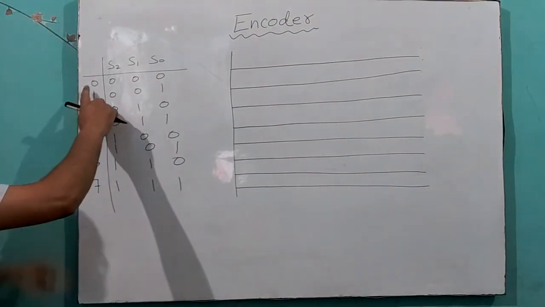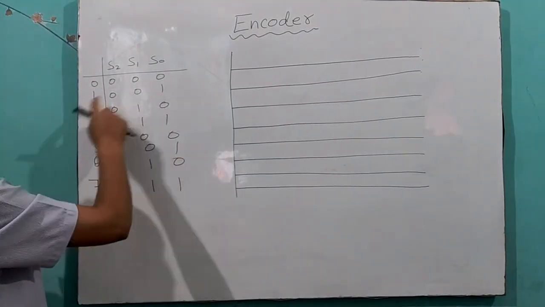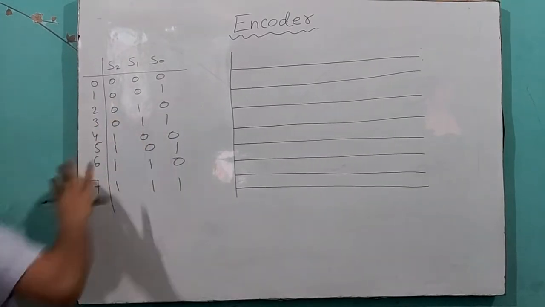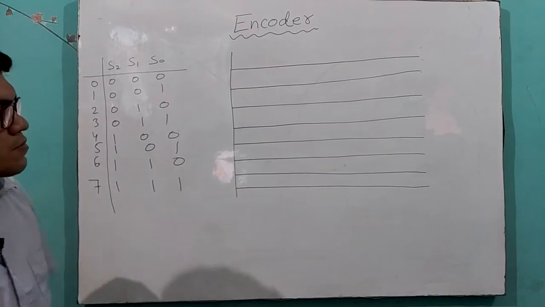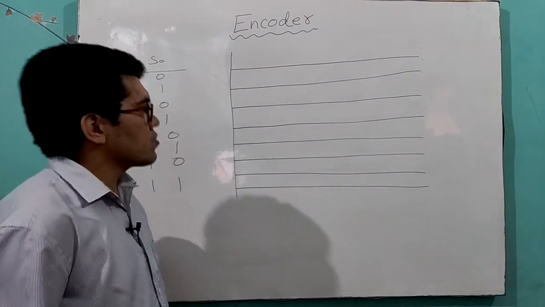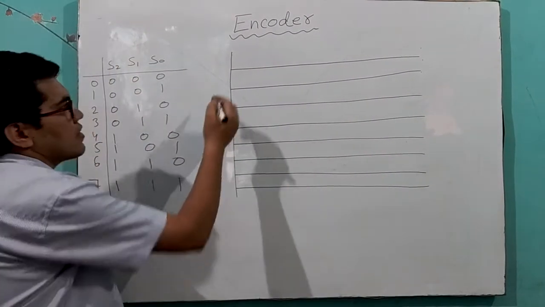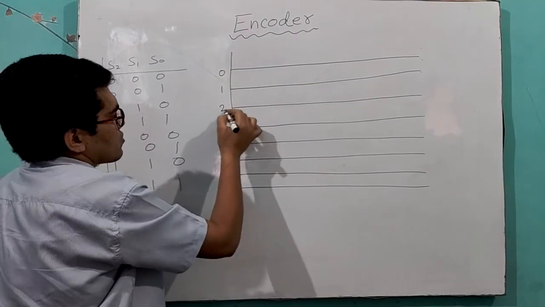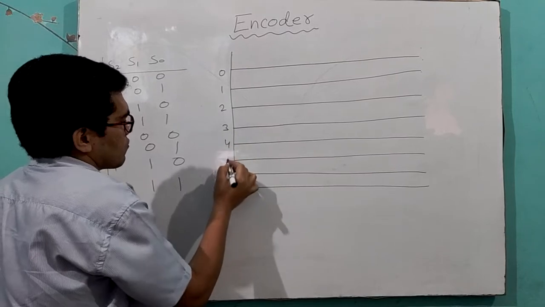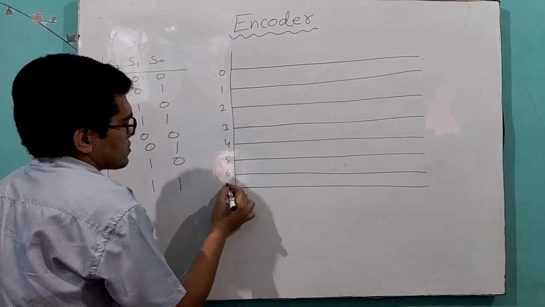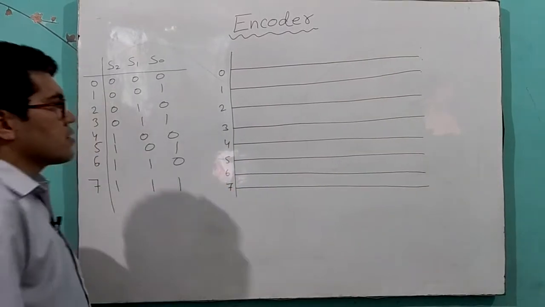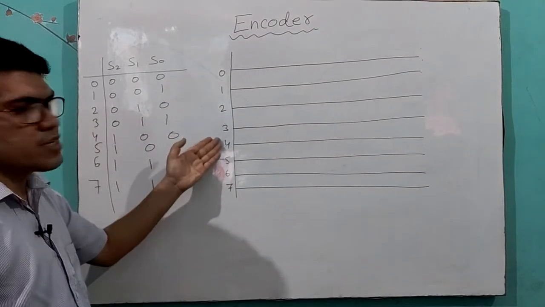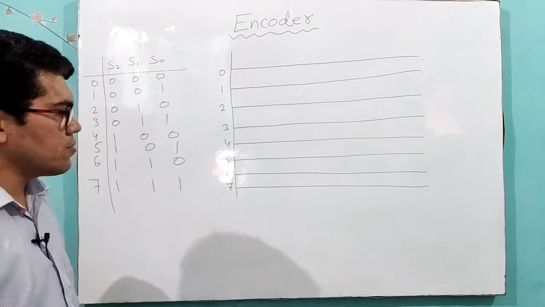As you know, 0 in binary is 000, 1 in binary is 001, like this I have drawn a table. I have drawn 8 lines, 0 1 2 3 4 5 6 and 7. You can give them names D0, D1, D2, D3 like this, no problem at all.